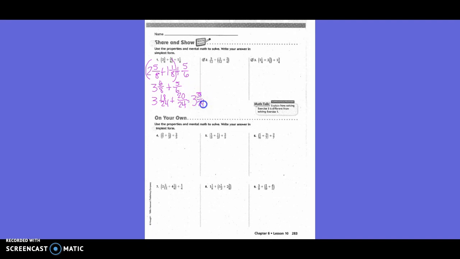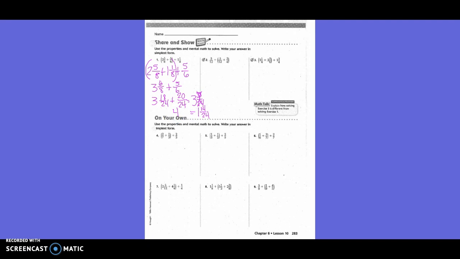20, which equals 3 and 38 24ths, which becomes 1 and 14 24ths, which then becomes 4 and 14 24ths.